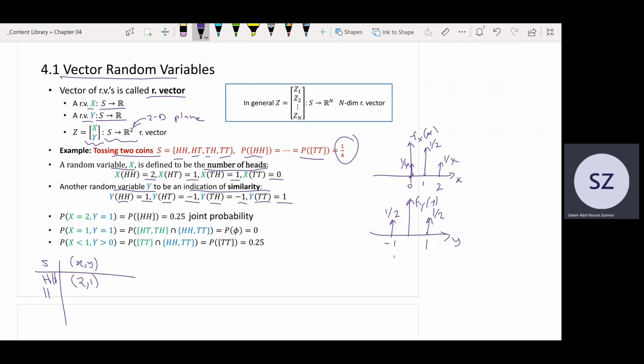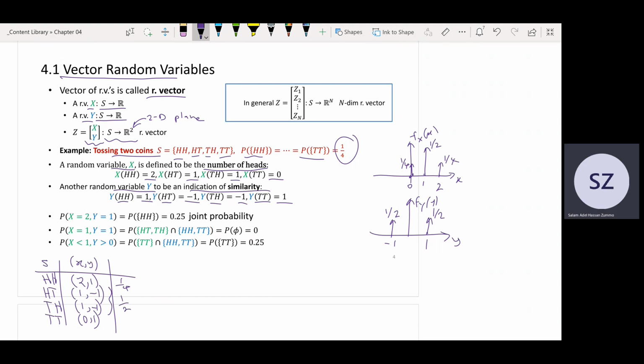What about head-tail? x is 1 and y is -1, they are dissimilar. What about tail-head? 1 and also -1. What about tail-tail? 0 heads and they are similar, so y is 1. And you can see that the probability of each of these is 1/4. What about the probability of these two?